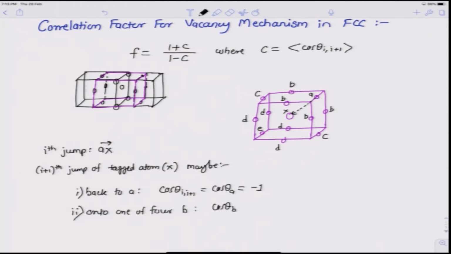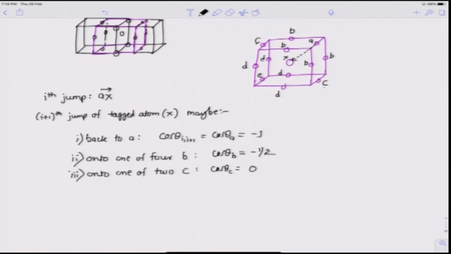or it can be onto one of the 2 C sites, and they are making 90 degree angle. So, the cos theta for that would be 0, or it can be onto one of the 4 D sites.